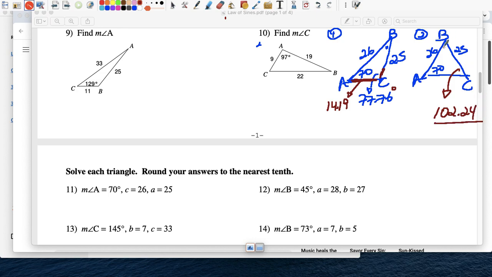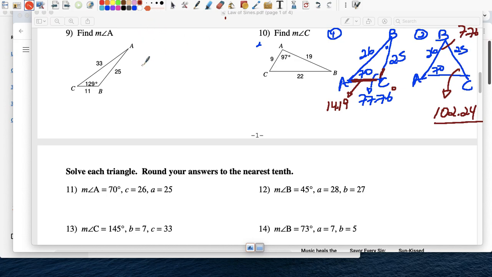Which makes it easier because now I can also find angle B, a very small angle. 180 minus 102.24 minus 70 makes angle B 7.76. So when we do the second one, it's a little bit easier.